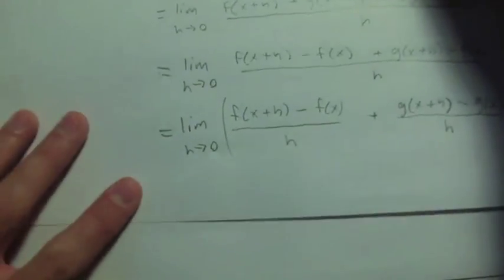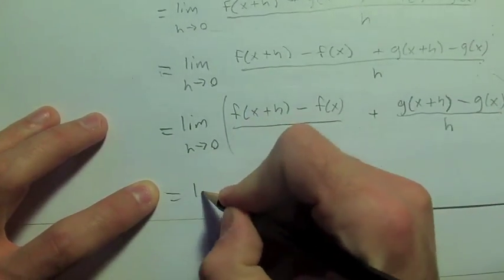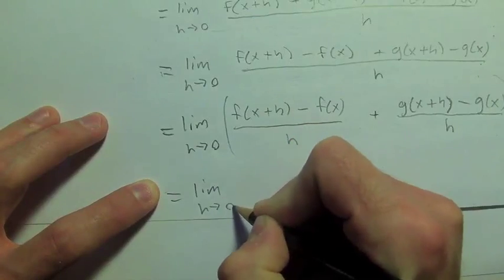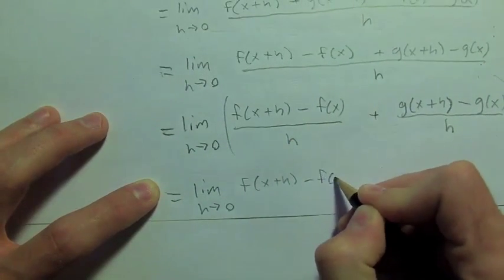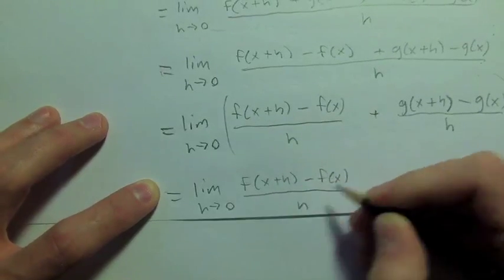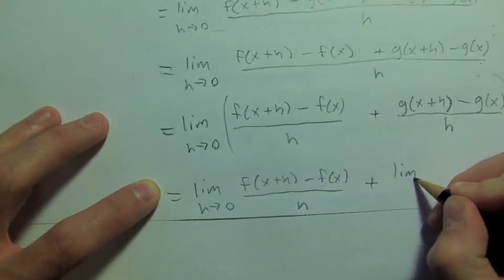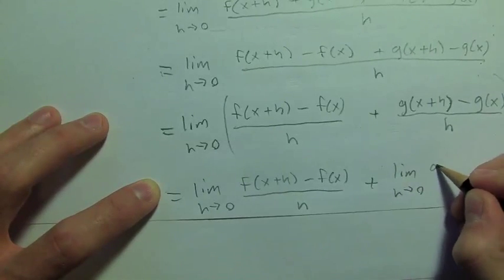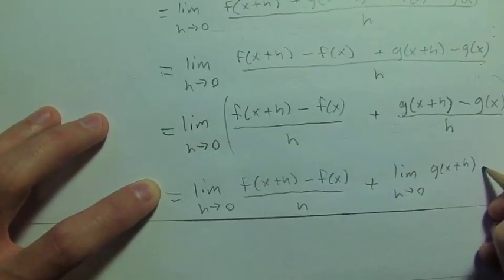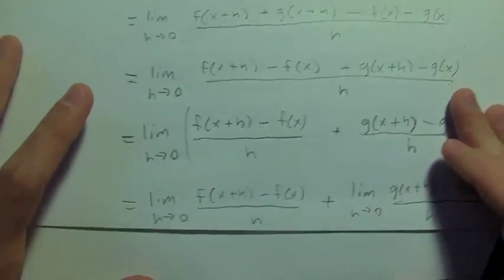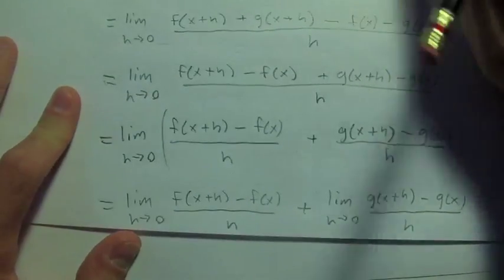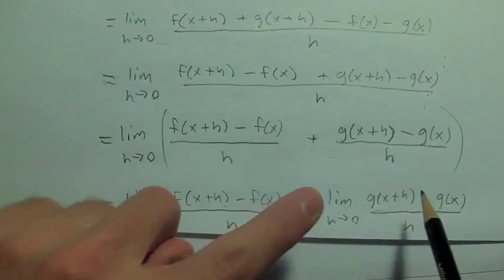So this will be the limit as h goes to 0 of f of x plus h minus f of x all over h plus the limit as h goes to 0 of g of x plus h minus g of x all over h. Now these two things should look familiar, right?